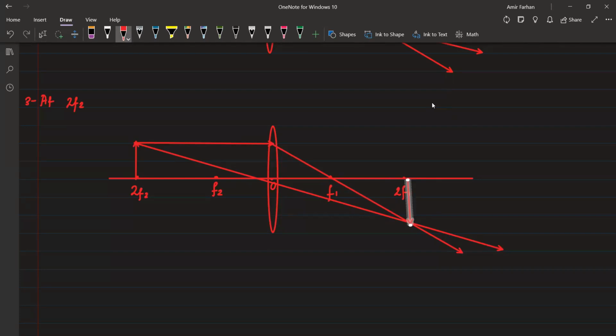So U is at 2F2, and the image is formed at 2F1. The nature of the image is real and inverted, and the size is the same. My laptop is hanging a little bit.